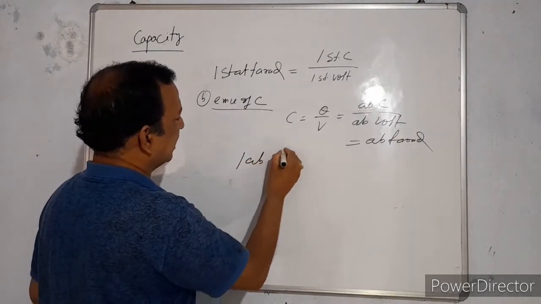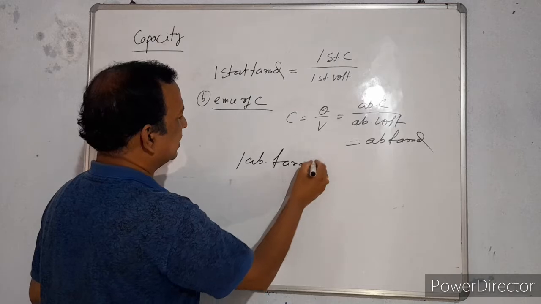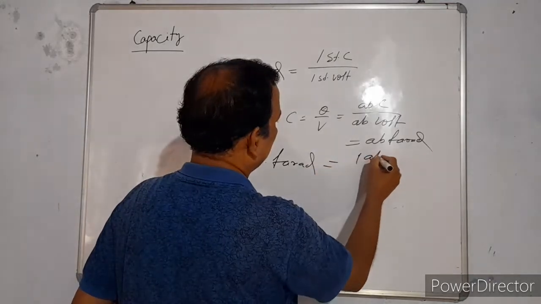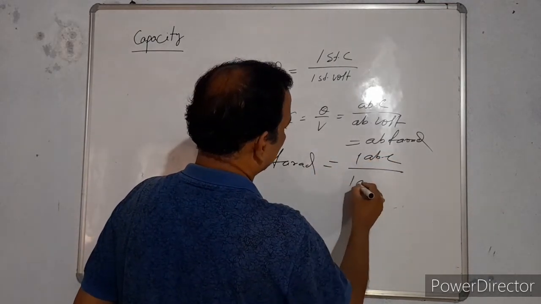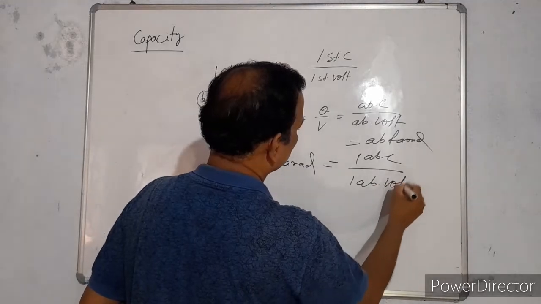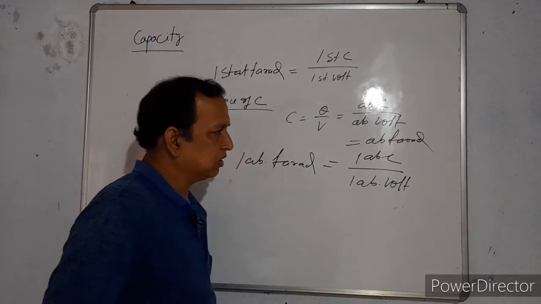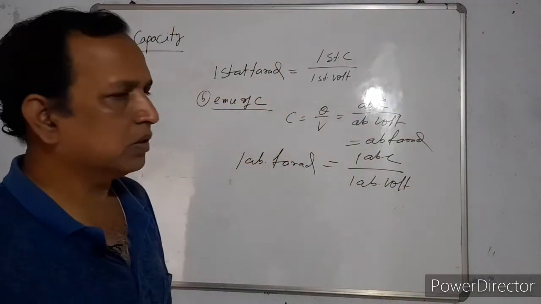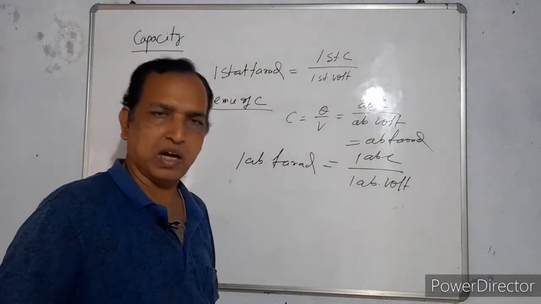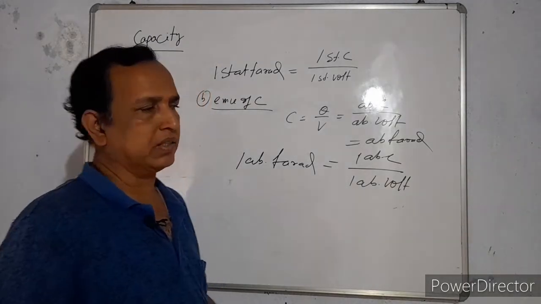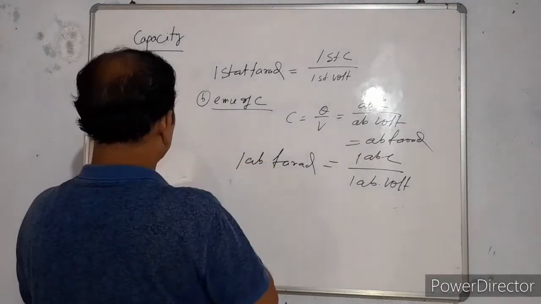One absolute farad is equal to 1 absolute coulomb by 1 absolute volt. So the units are farad, statfarad and absolute farad. Now relations.